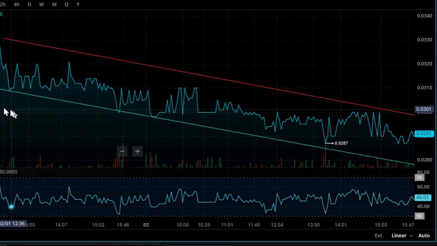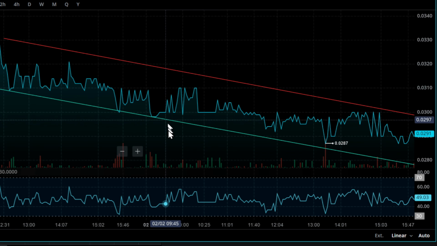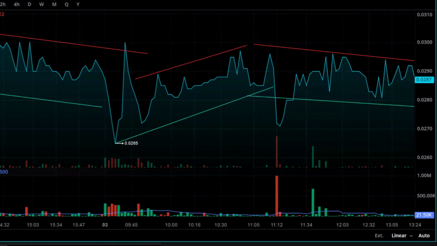The upward and downward trends that we've been looking at so far, the support and resistance trend lines are parallel to each other. They're not converging, which is something I had showed in a previous video. I want to pull in something that we discussed in a previous video.